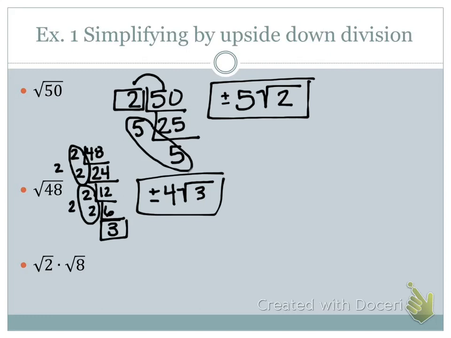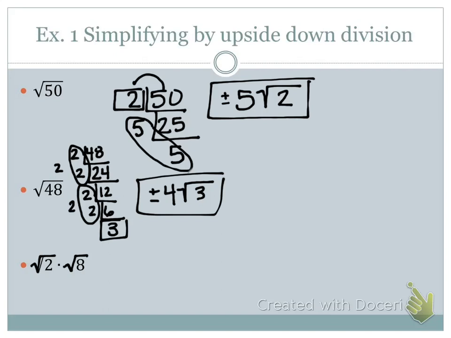Now, let's look at this next problem. I have 2 radicals. Neither one of them has an exact square root. Square root of 2 does not have an exact square root. Square root of 8 does not have an exact square root. But they are what we would consider like terms, because they both have the radicand, or the square root symbol.